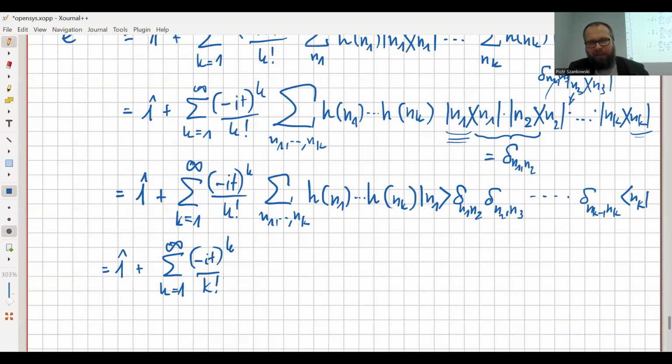Okay, factorial. So there will be n, let's say n1, left, h of n. So all the n's are the same, so this will turn into h of n1 to the power k, ket n1, bra n1. Okay?